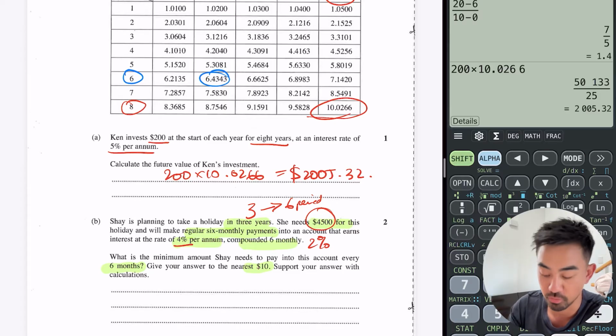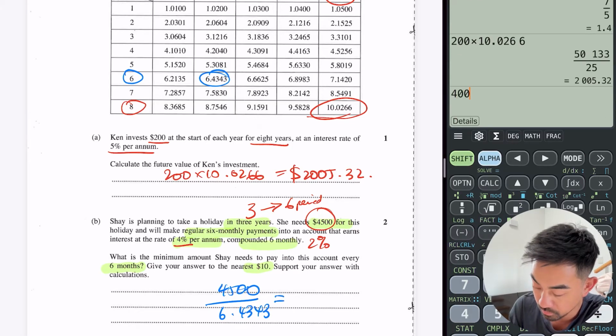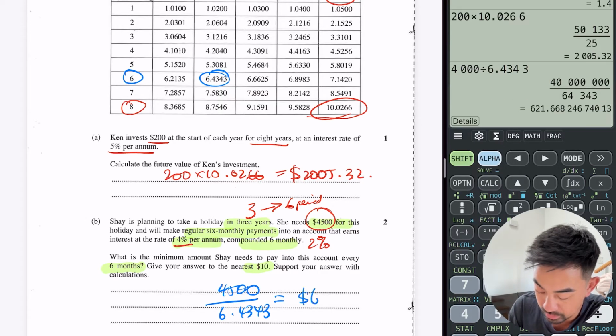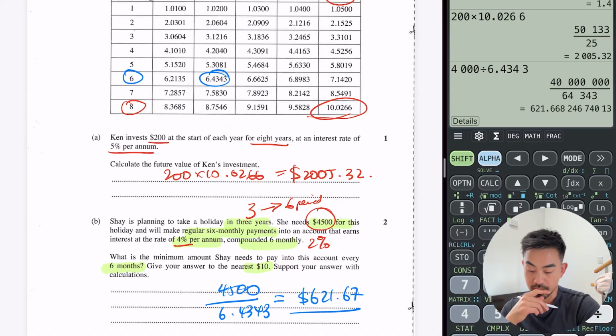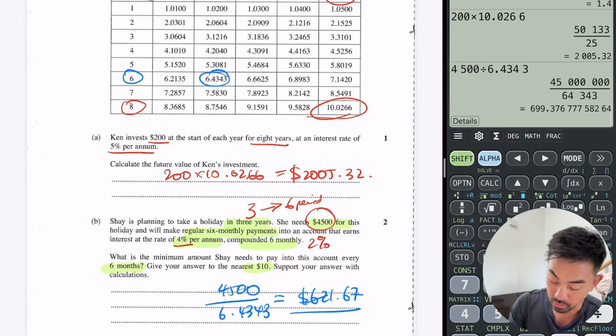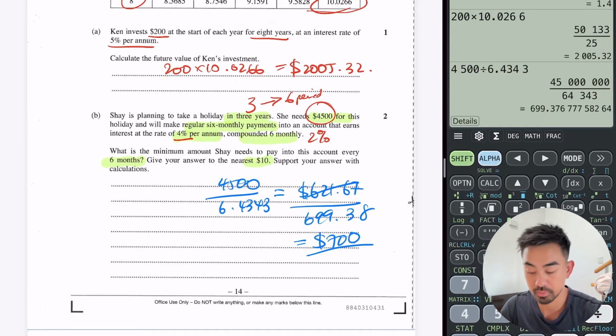And because I need to get to 4,500, it's going to be 4,500 divided by 6.4343. So that's 699.38. So that's $700.